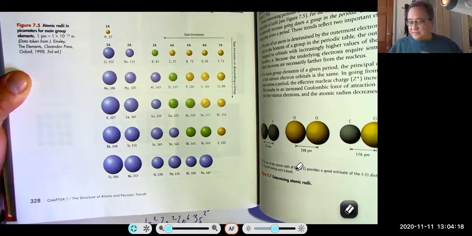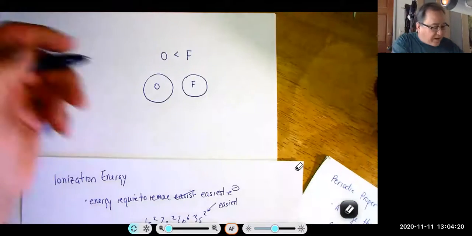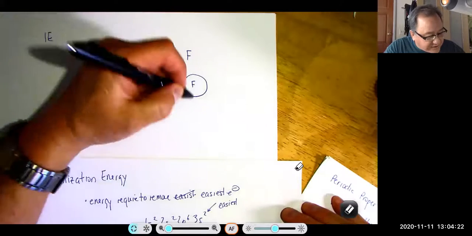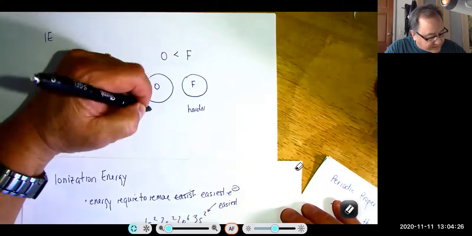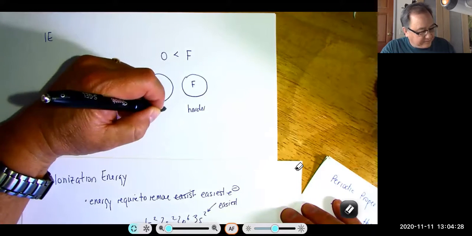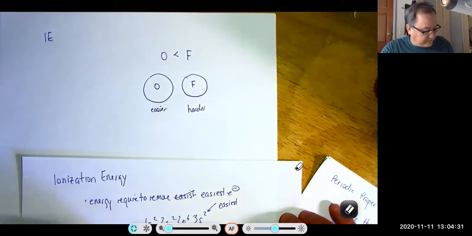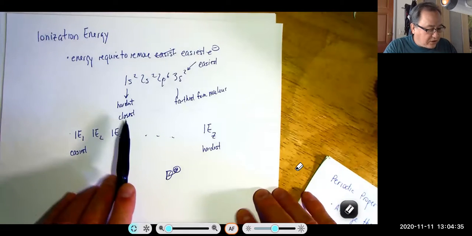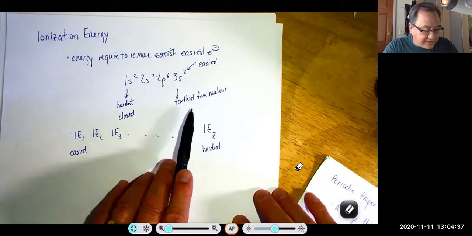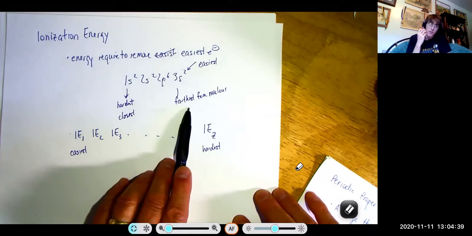So in general, this is the way you think about it. Why is this one harder to take an electron from and this one easier? Take a look at this. Which one's harder, closest or farthest? Closest.